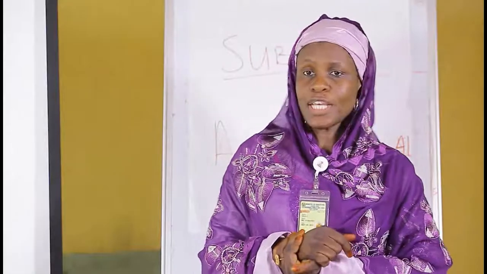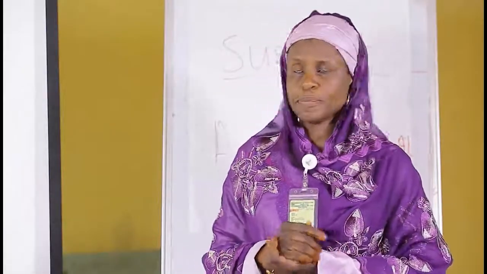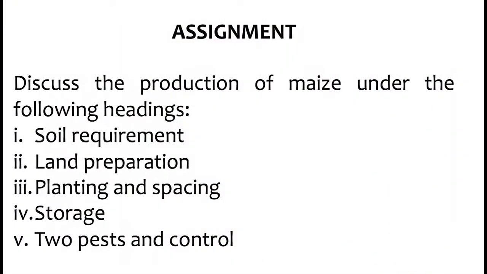So my dear learners, before I go, I will leave you with this assignment. Discuss the production of maize under the following headings. Number 1, soil requirements. 2, land preparation. 3, planting and spacing. 4, storage.